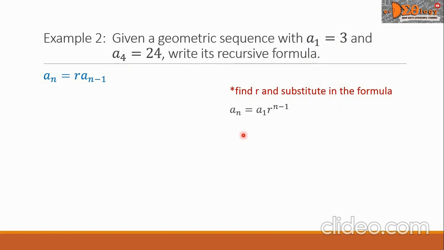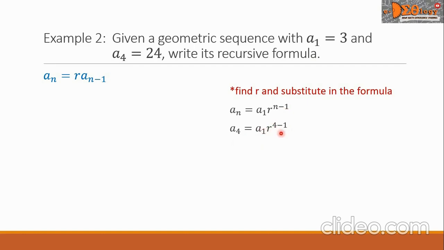Let us use the general term formula as a sub n equals a sub 1 times r raised to n minus 1. Given is a sub 4, and with respect to our general term formula, we may write a sub 4 equals a sub 1 times r raised to n minus 1, and this is 4 minus 1.